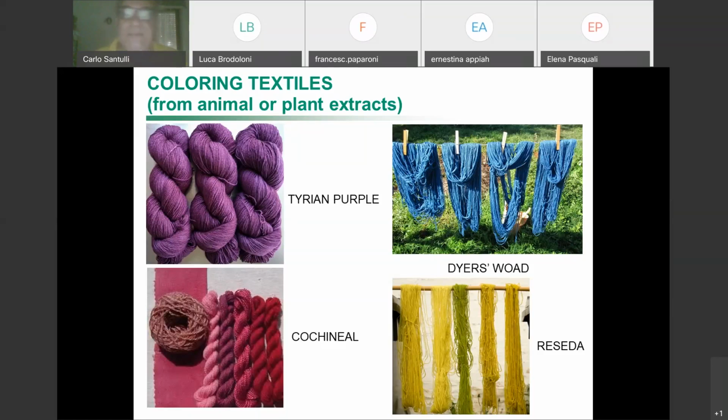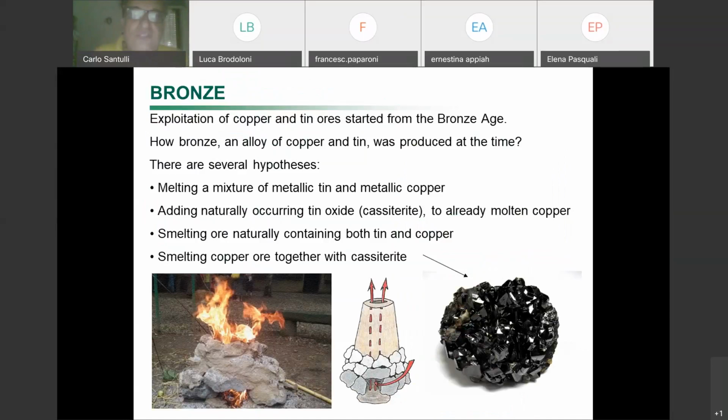And what about materials? Well, we were saying bronze. Bronze is an alloy of copper and tin. Of course, you may imagine that you don't find bronze as it is. You find copper and you find tin. You are able to extract copper and tin from the rocks, because in nature you don't find metals as such, but you find metals in rocks.